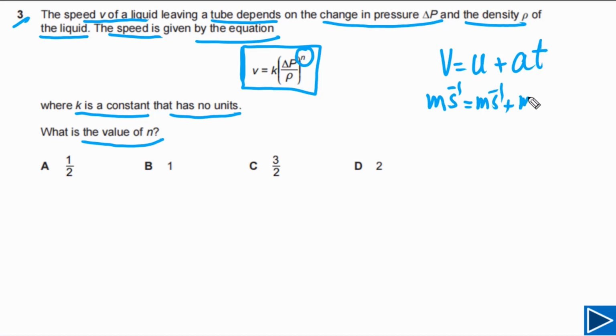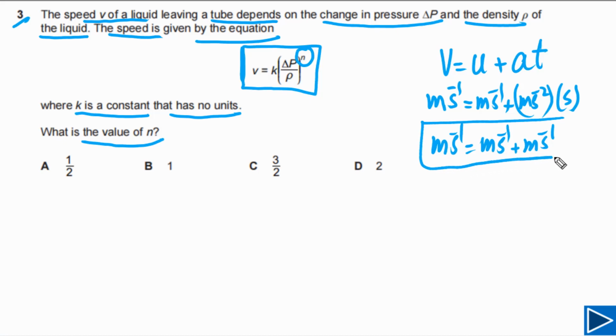The unit of acceleration is meters per second squared, and the unit of time is second. If we simplify this, we get meters per second. Each term has the same unit, and the units on the left side and right side of this equation are the same. So this equation is correct and homogeneous.